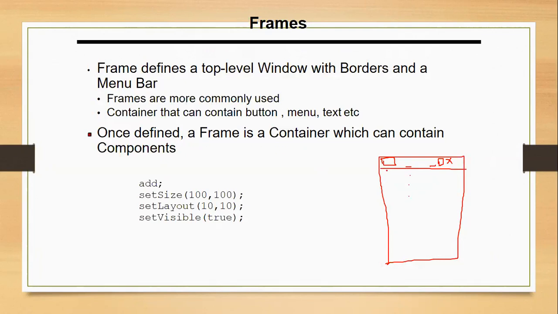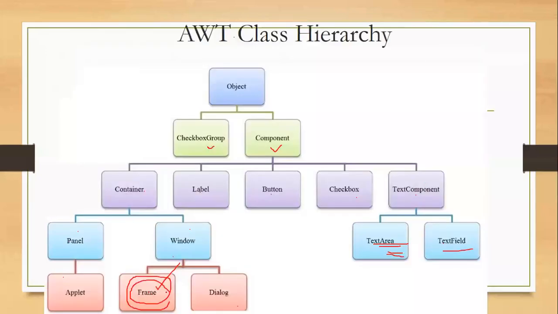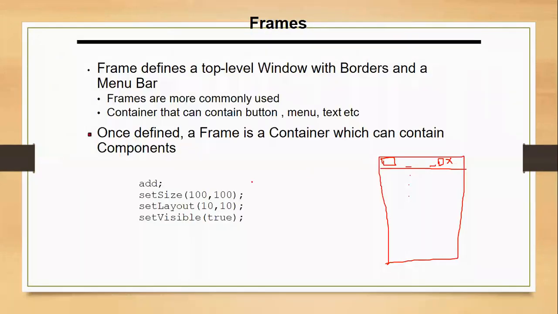Now, once defined, a frame is a container which can contain other components. Once you have a frame, inside the frame, you can have a label, you can have a button, you can have a checkbox, you can have all the other things. Now, to add to your frame, you do have a method called add.